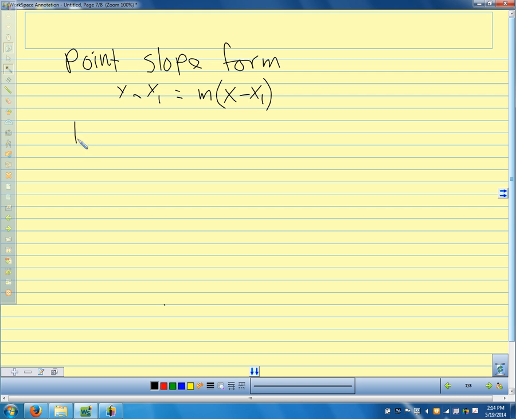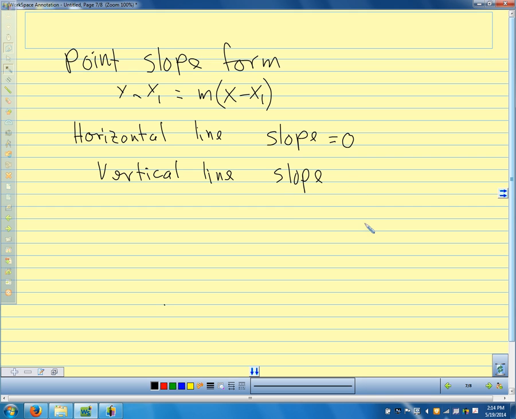What's the slope of a horizontal line? 0. What about a vertical line? What's the slope of a vertical line?